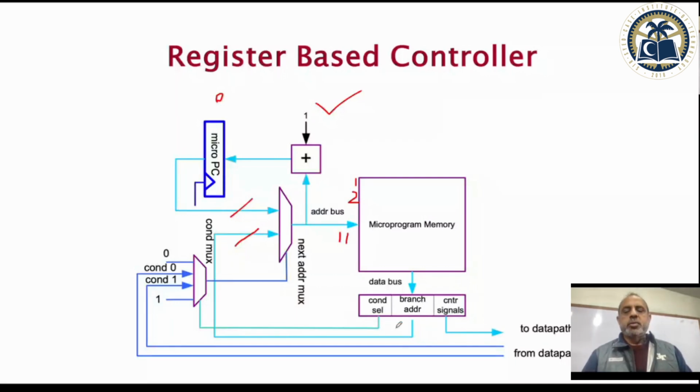So if it is go to 100, here you are going to write 1 1 1, and here you are going to give an address 100, and these bits you don't care about, because it's not going to do anything. We're just going to address 100. So these 1 1 come here. It says put 1 here. So 1 is here. When 1 is here, the mux will select whatever is here, which is 100.